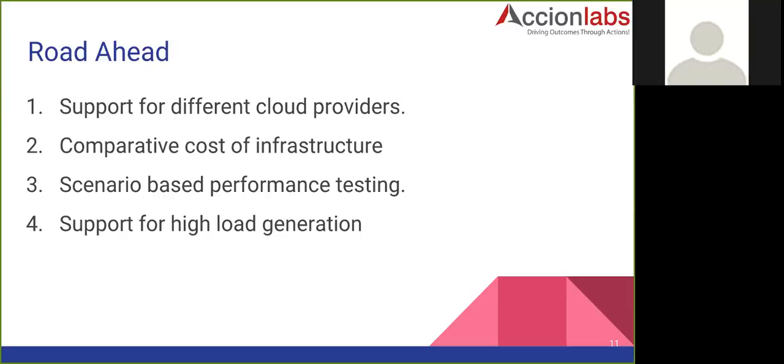If your system is REST based, you can test it. It's general REST based backend testing. It not only provides you a performance test, but it also recommends what AWS infrastructure is better for your web application.